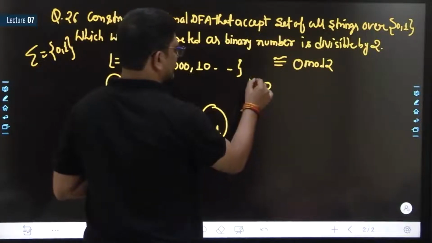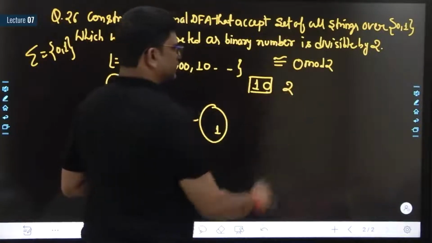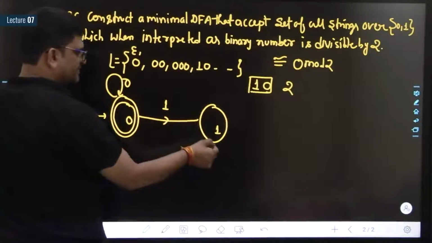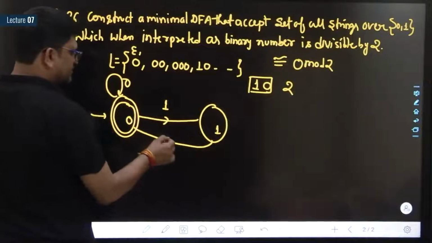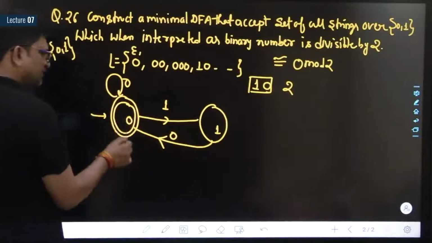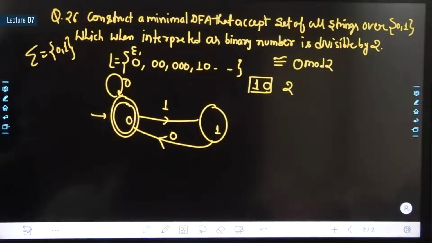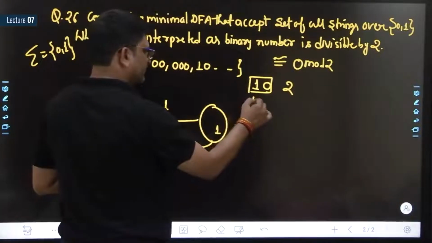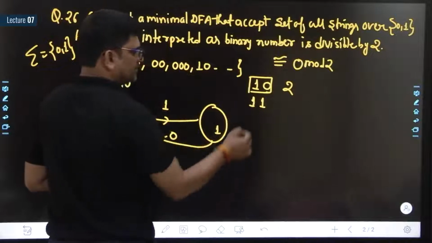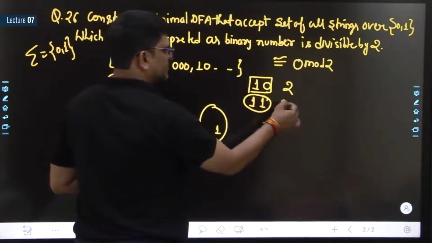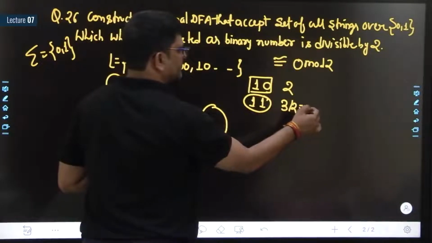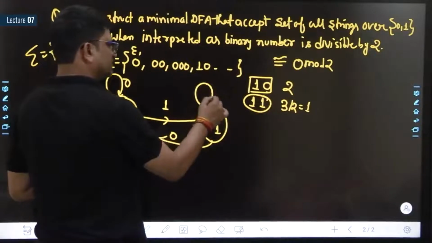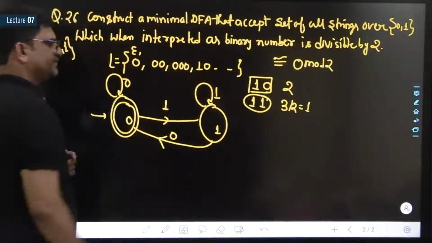What is this number? 2. 2 divided by 2, remainder 0. When we see a 0 in this state, it goes into this state. After seeing a 1, we see 1. What is the number? Decimal number 3. 3 divided by 2, remainder 1. This is the DFA for this language.